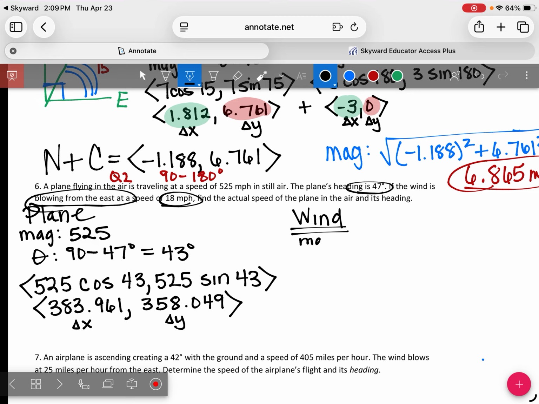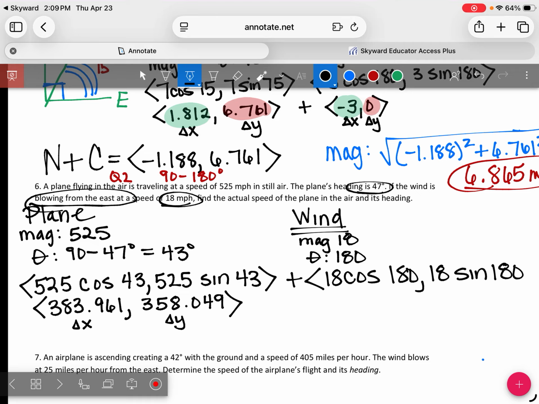So the speed of the wind is 18. So the magnitude is 18. The direction of the wind is 180. So what I need for you to do now is write a vector for the wind. So the wind, that's 18 cosine 180, 18 sine 180. See what you get for the wind.